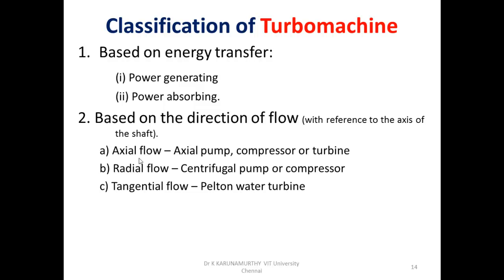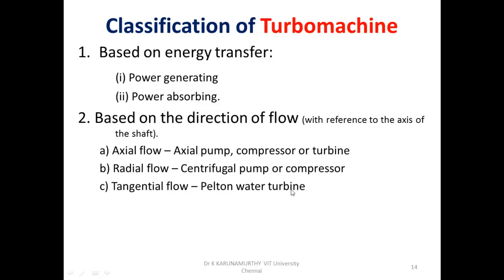Examples for all these different types of flow are given here. Axial flow pump, axial flow compressor, and axial flow turbine are examples of axial flow turbo machines. In the case of a centrifugal pump, the flow of the fluid is predominantly in the radial direction, so we call that a radial flow turbo machine. In the case of a Pelton turbine, we generate power with the help of hydraulic energy.